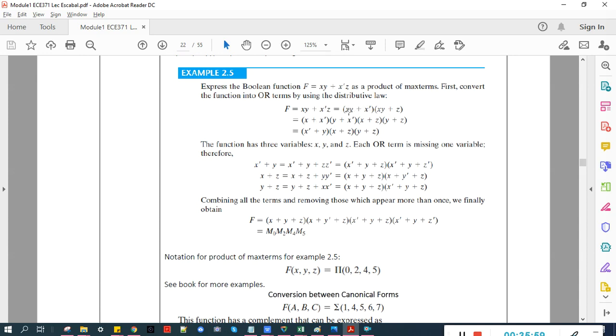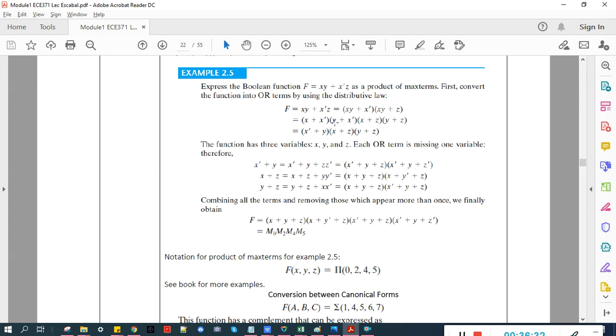Then we distribute again, the inside: distribute x prime to xy. So x or x prime multiplied by y or x prime. Then x or z multiplied by y or z.